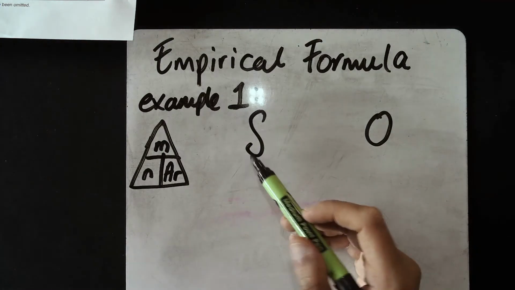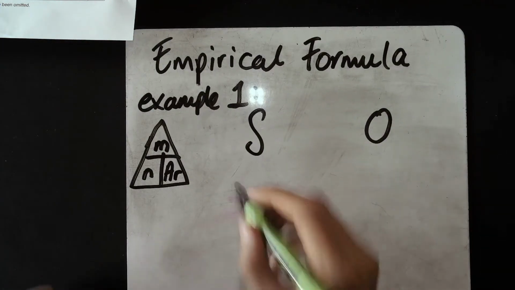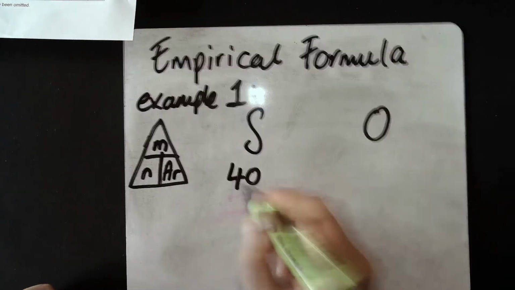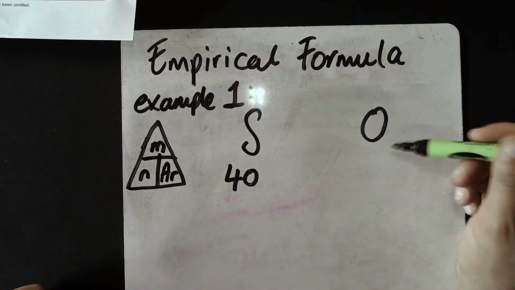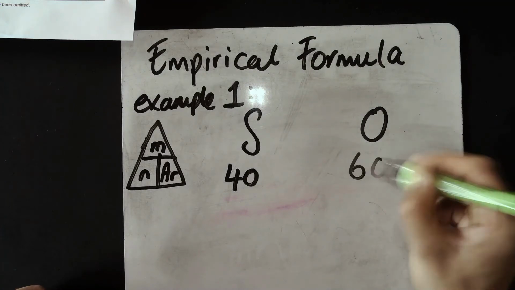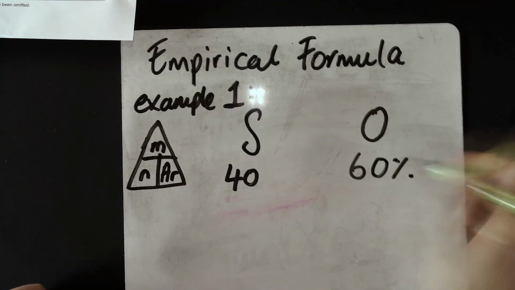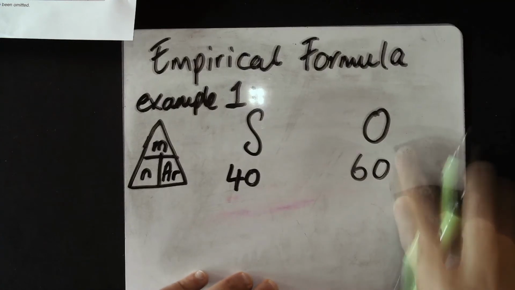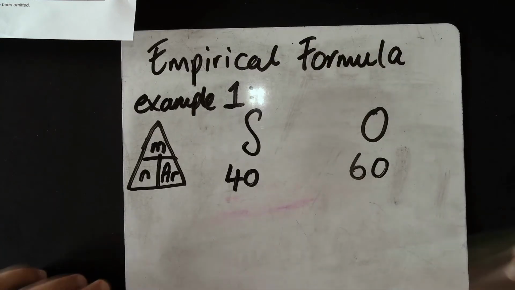For sulfur, in the question it says 40%. So the mass is given in the question, 40, and the mass that's given of oxygen is 60%. Notice these have been given as percentages, but it's exactly the same. It doesn't matter whether it's in grams or percentage composition.